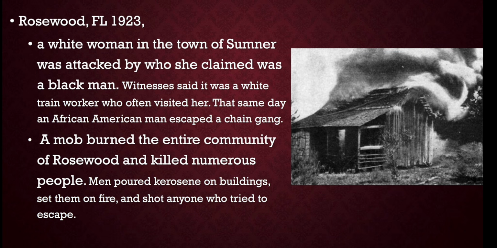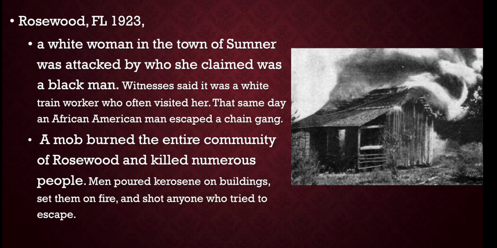But that same day that this woman claimed she was attacked, an African American man had escaped working on the chain gang. So if you don't know what a chain gang is, basically you would have prisoners go out clearing brush or whatever, and they would be all chained together. So they called them a chain gang.